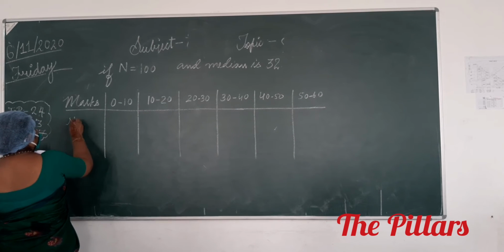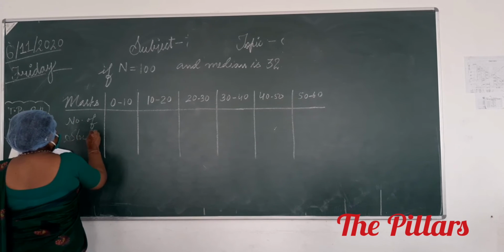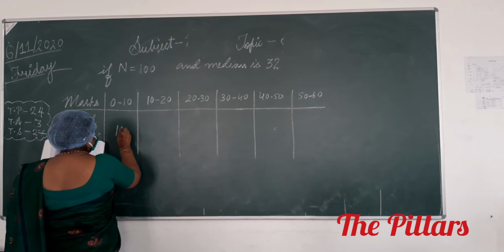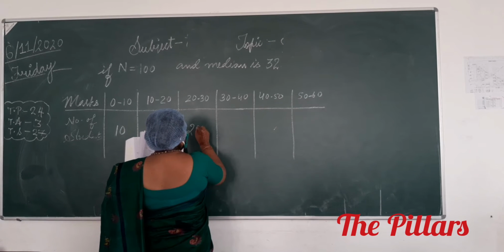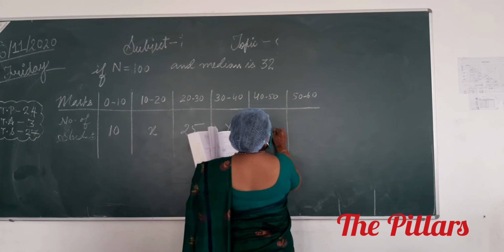And number of students. Number of students, 10. This is X, this is 25. This is Y, this is 10.